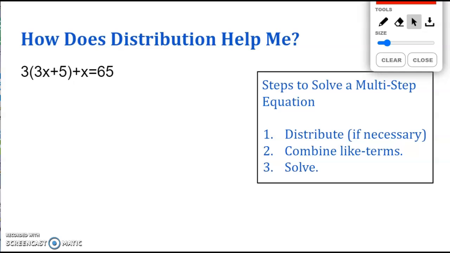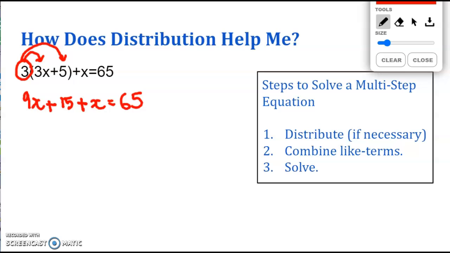All right, so how does distribution help me solve this kind of problem? Again, what are we doing? We are multiplying 3 to 3x, and then multiplying 3 to 5, and then you are adding x to it, and that is equal to 65.